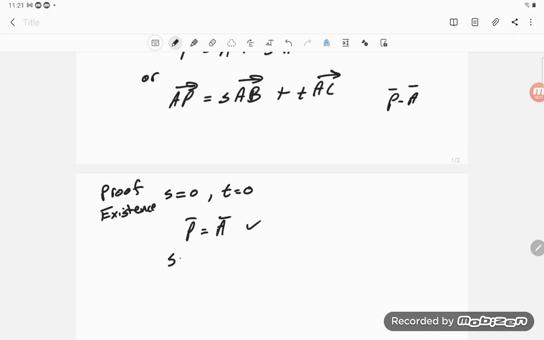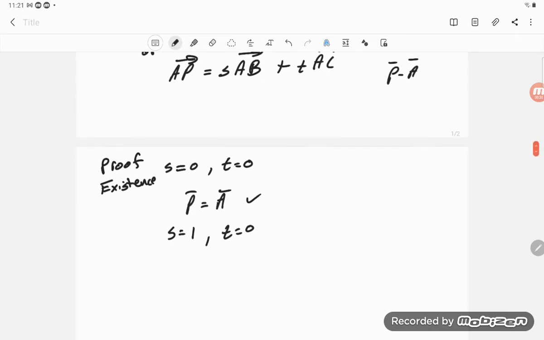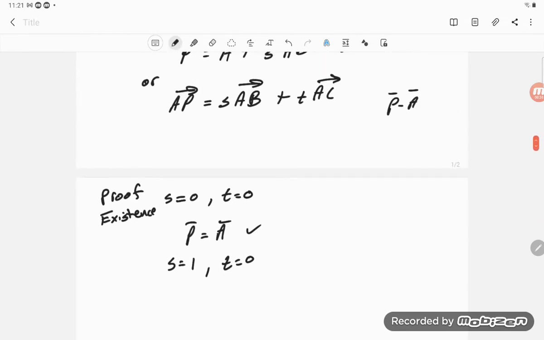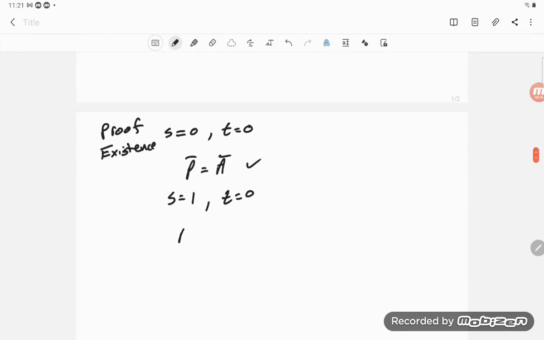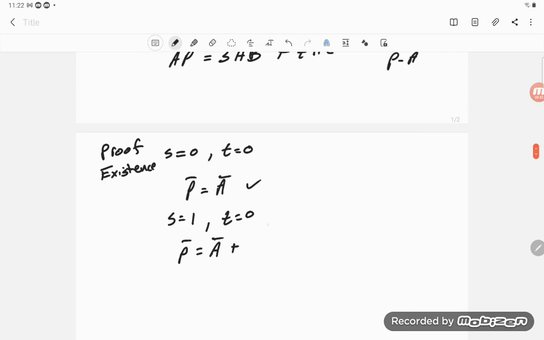Now, if we let S equal 1 and T equal 0, then according to this P equals A plus AB.